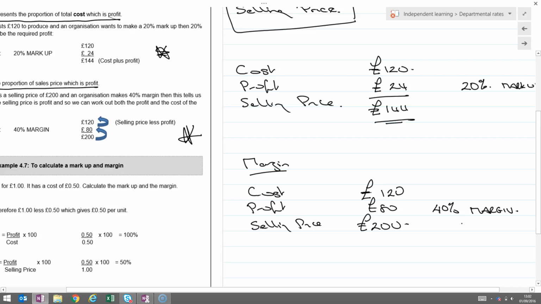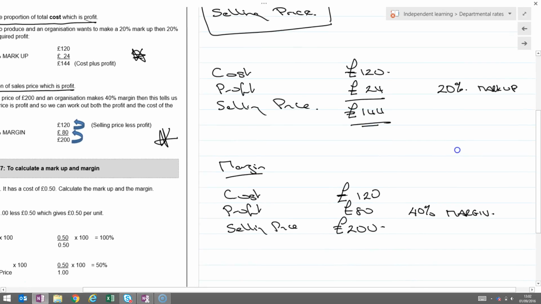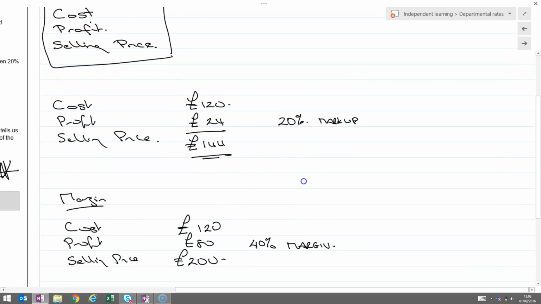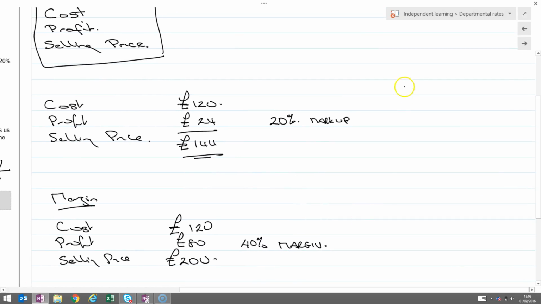So that's using the markup and the margin. Now, based on the fact that your markup relates to cost, if you needed to calculate an actual markup, so here we've used percentages, where did those percentages come from?